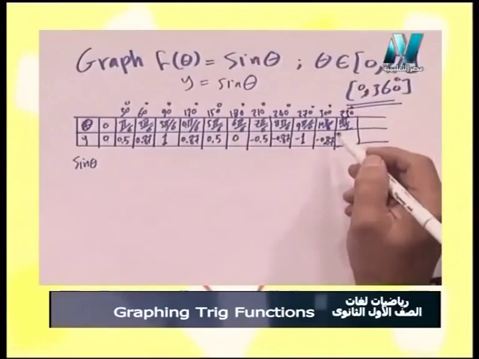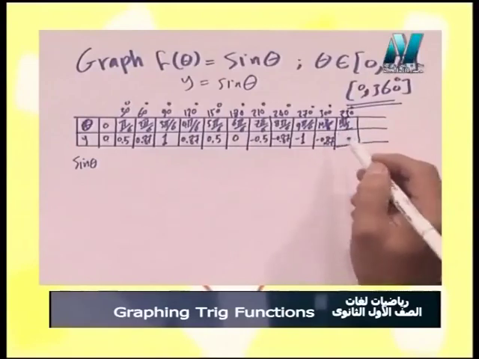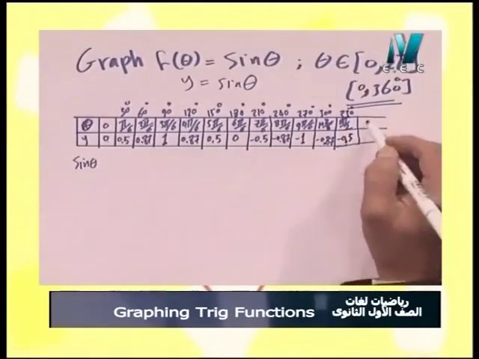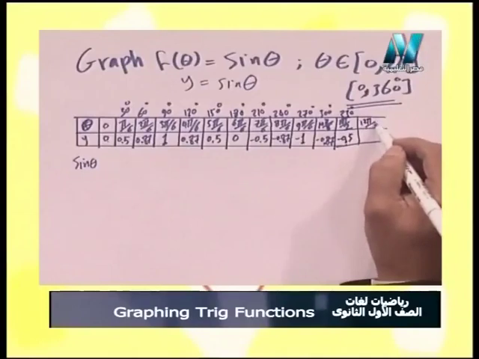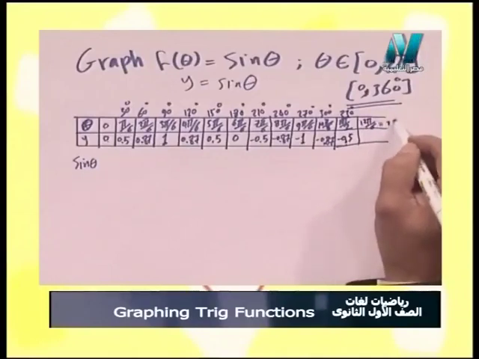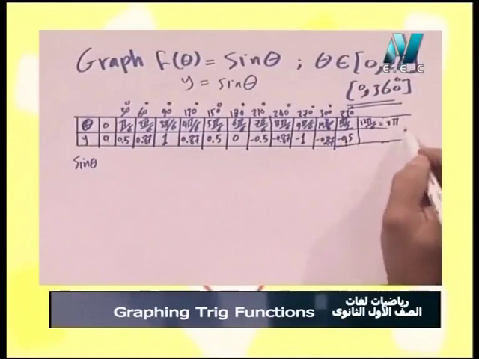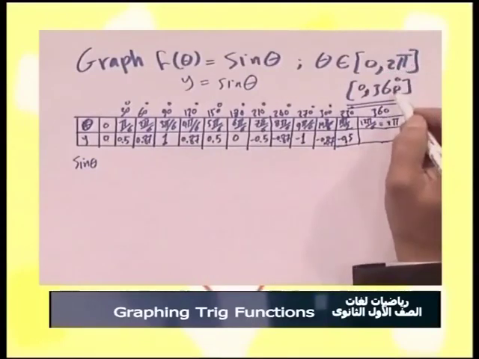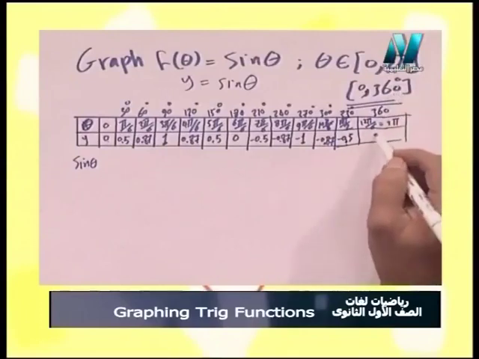Sine 330 degrees will be negative 0.5. And finally 12 pi over 6, which is equal to 2 pi, here will be 360. It is the last number. Sine 360 will be equal to 0.